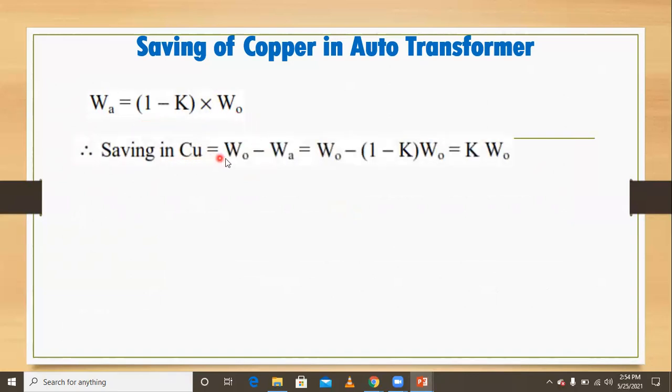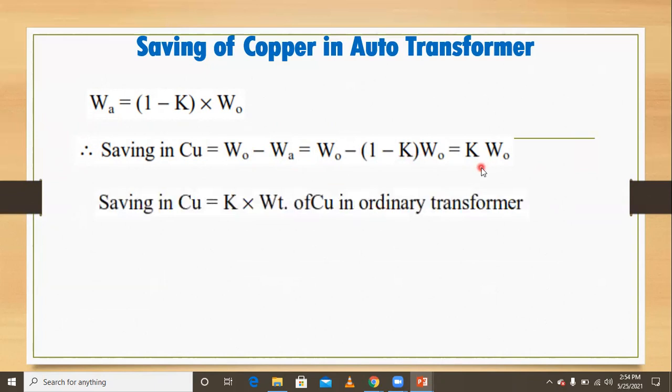Then the saving in copper is nothing but W0 minus WA, the weight of copper in the ordinary transformer minus the weight of copper in the auto transformer. Substituting here, we get K times W0. This is called the saving of copper in the auto transformer.